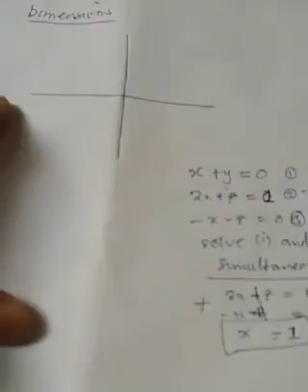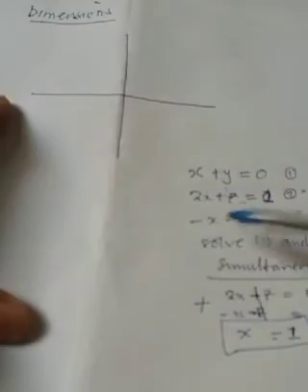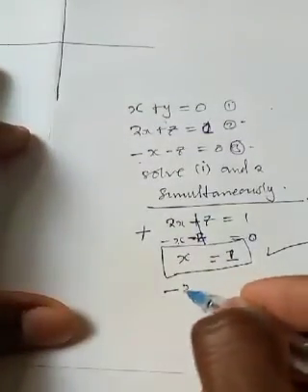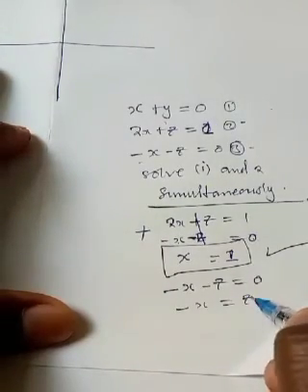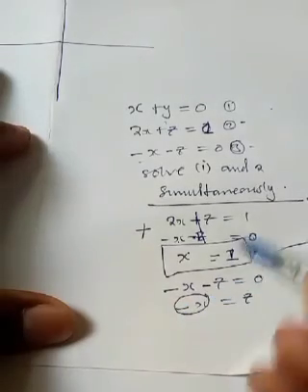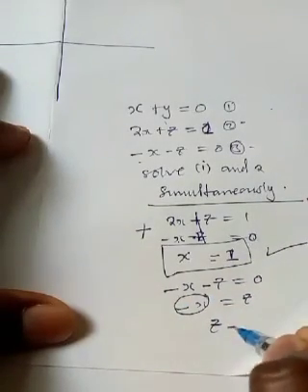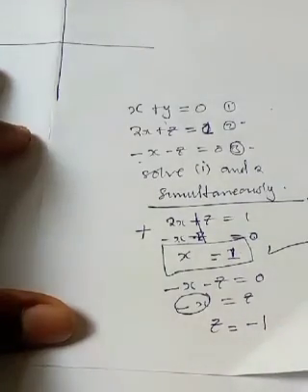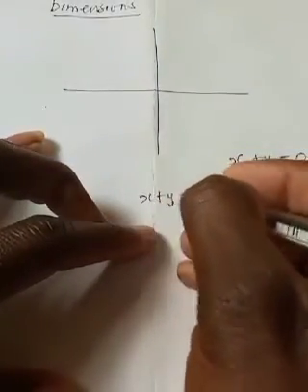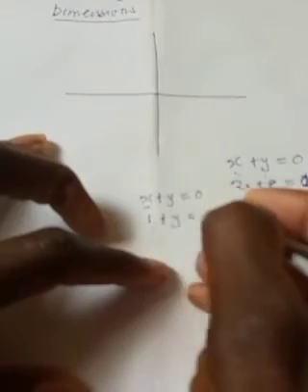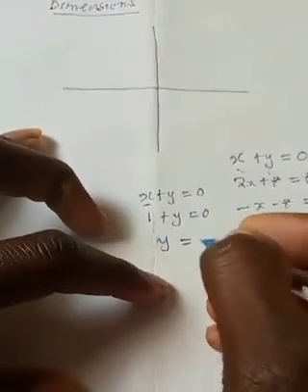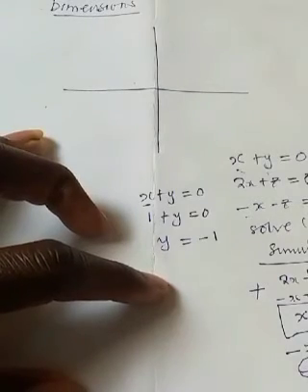For me to get the value of z, I can use negative x minus z equal to 0, meaning that negative x is equal to z. Since the value of x is 1, z is going to be negative 1. You go to y. Since x plus y is equal to 0, and this value we have already, 1 plus y equal to 0, and y is going to be equal to negative 1.